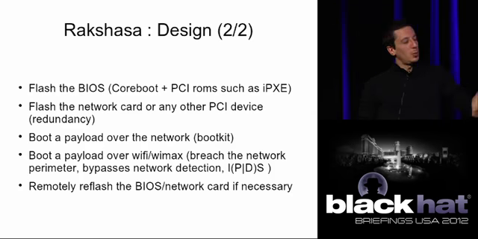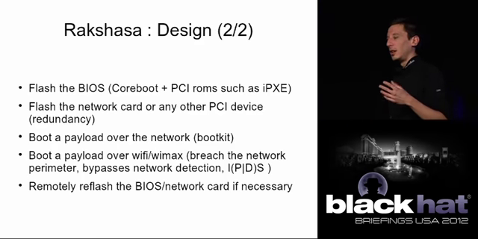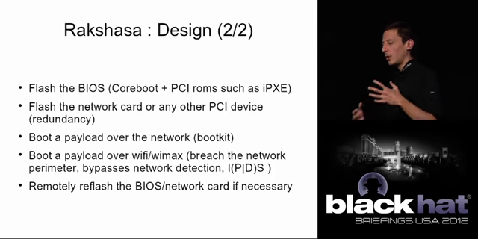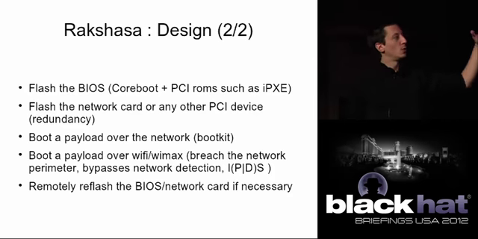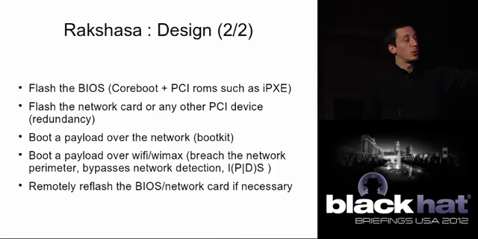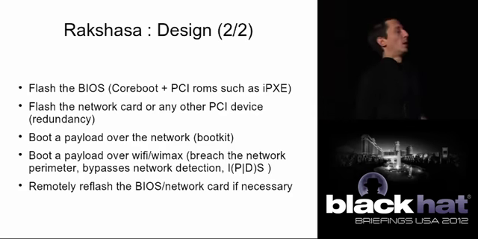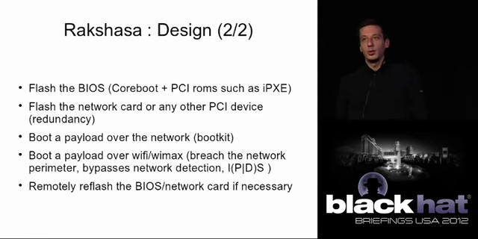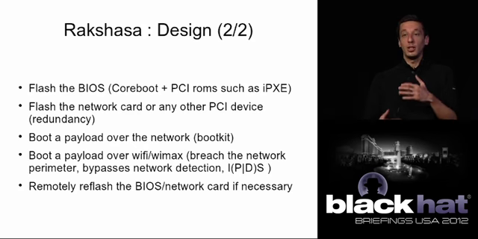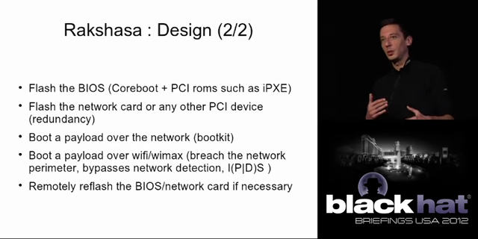A good thing with iPXE is that it can fail and default to other settings. So what I do in my backdoor is try to first boot over Wi-Fi or WiMAX if it's available. WiMAX is even better because it's faster. If for some reason there is no Wi-Fi on the current computer, then we're going to try to default to DHCP. If DHCP is not there, we're going to try to default to a static IP.